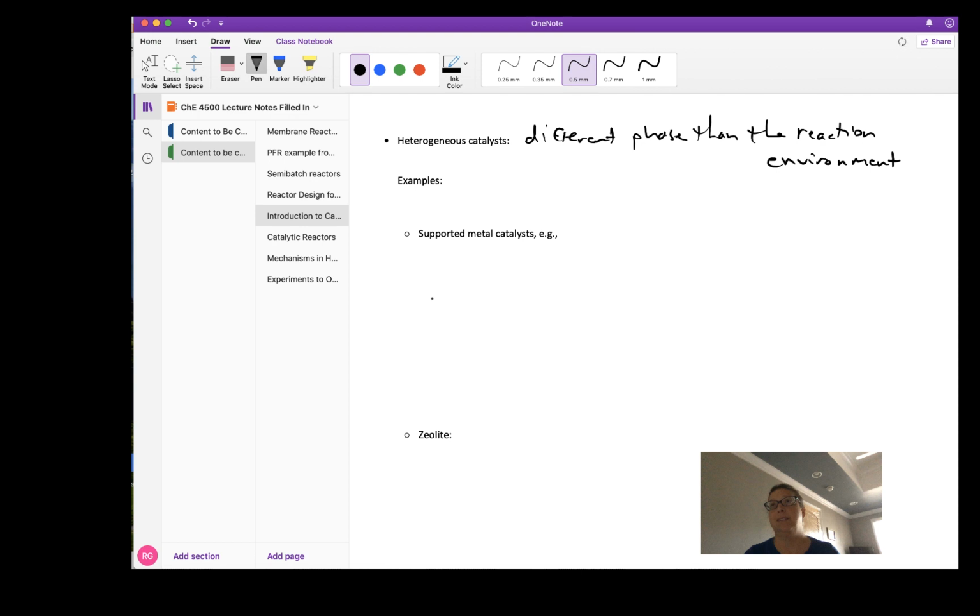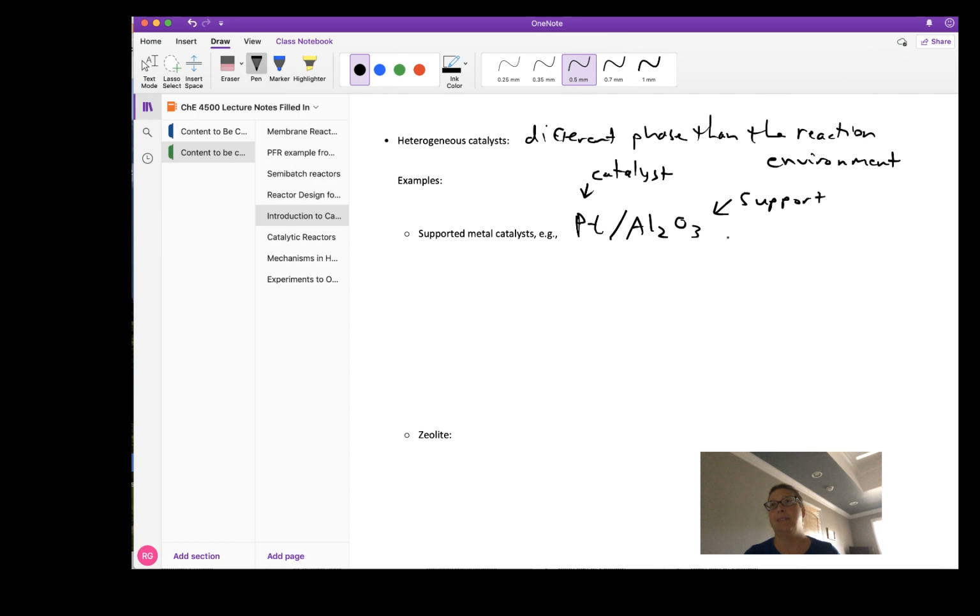And the reaction environment can be either a liquid or a gas. So some examples are supported metal catalysts. For example, a common one is platinum supported on alumina. So this platinum would be considered to be the catalyst, and the alumina would be considered to be the support.